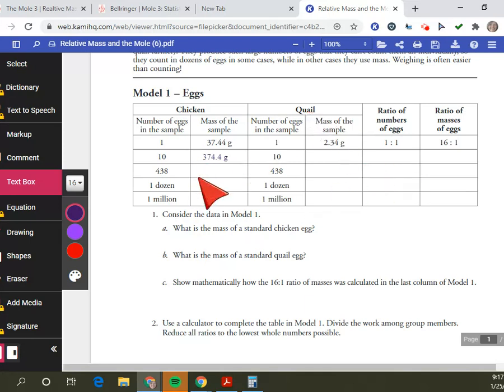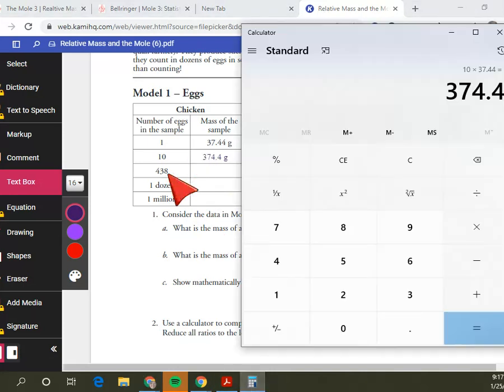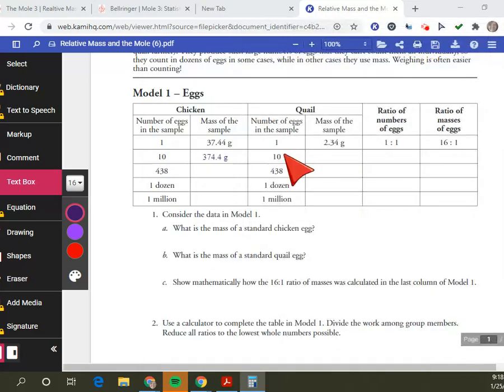So I'm going to do this if you want to just follow along, but if you'd like to go faster than me, that's fine too. So if I look at 438, I'm going to take 438 times 37.44. I'm going to get 16,398.